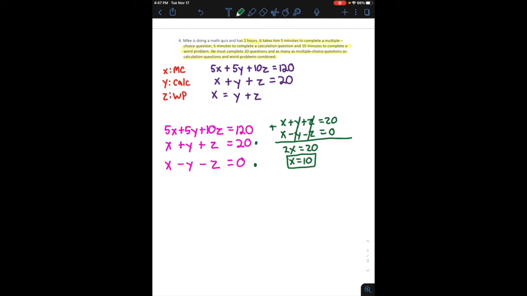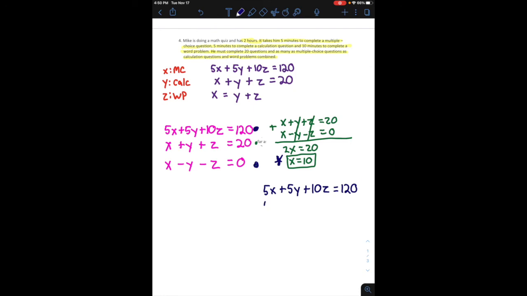We're going to continue on with the next step, which is to take 2 other equations and eliminate another variable. I'm going to now take the first and the third equation. I'm going to rewrite the first equation, 5x plus 5y plus 10z equals 120, and multiply the third equation by 5 to eliminate the y's.